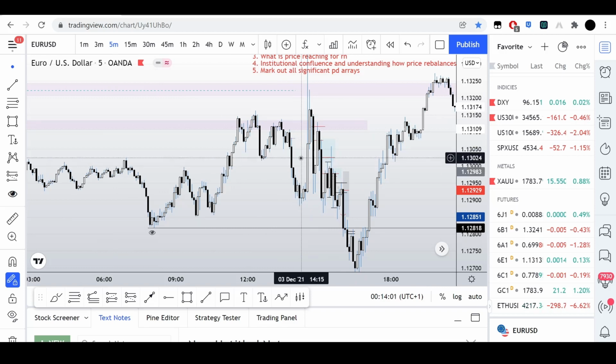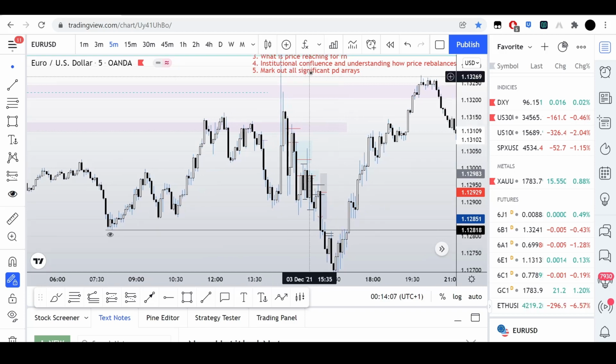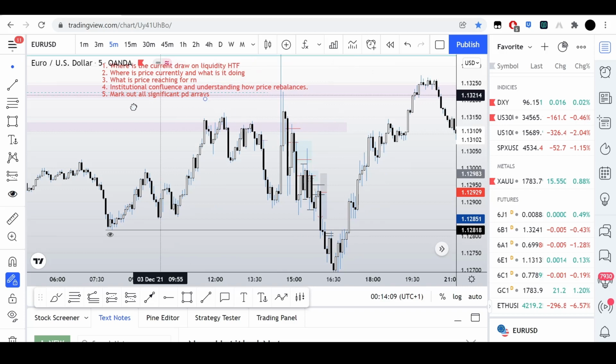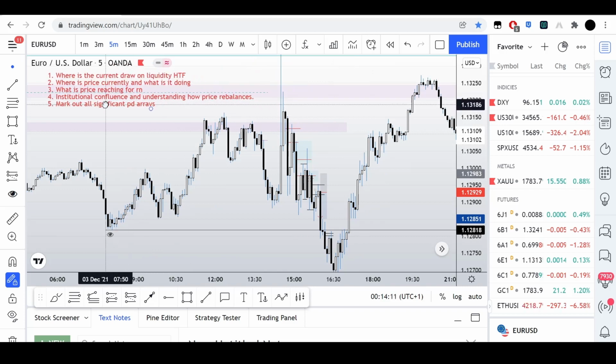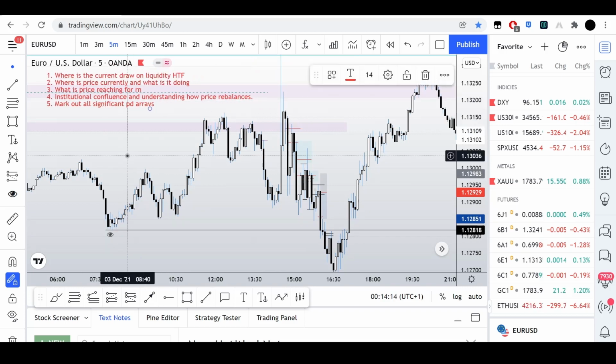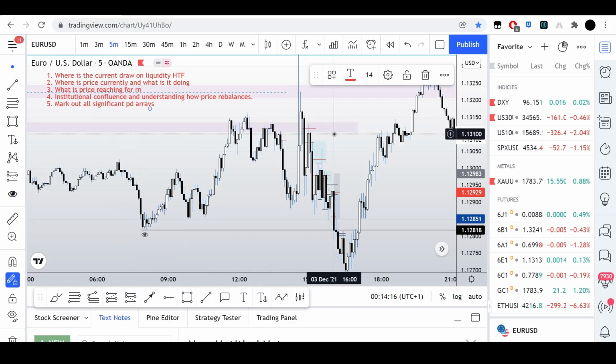Once it comes into the imbalances, that's where you enter. But this is how you get high probable trades, how you get in tune with what order flow is doing. This much confluence equals a lot of context.